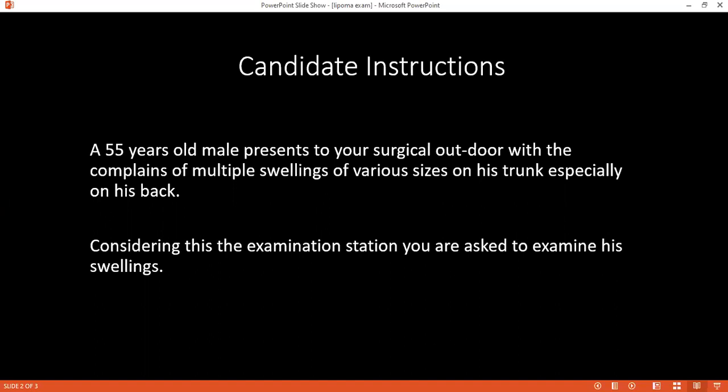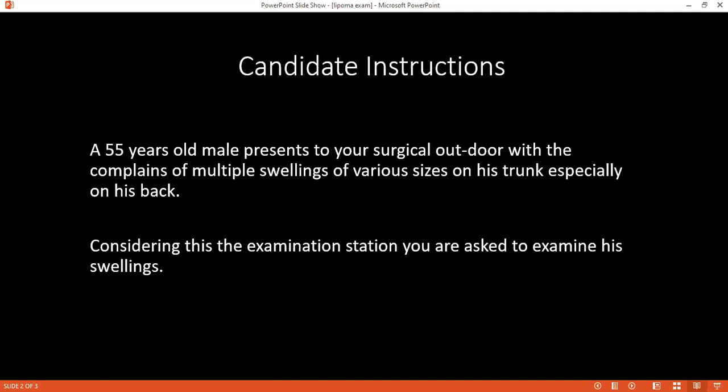I would enter the room. I will wash my hands. Yes, I am one of the candidates for this exam. Can I confirm your name and age, sir? I'm Smith, 55 years old. Okay.